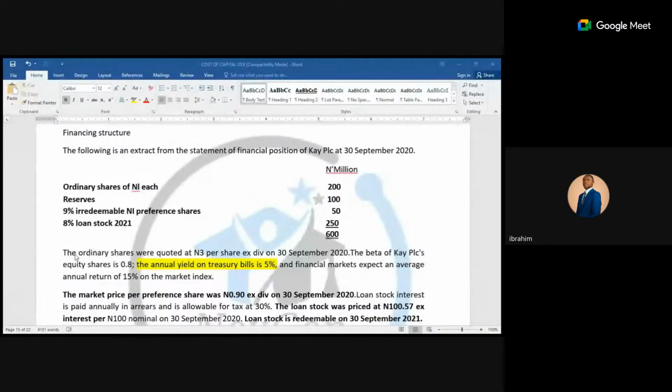Now the ordinary shares were quoted at 3 naira per share. How many shares do you have? 200 million shares, at 3 naira per share. 3 naira per share times 200 million will give you the total market value.